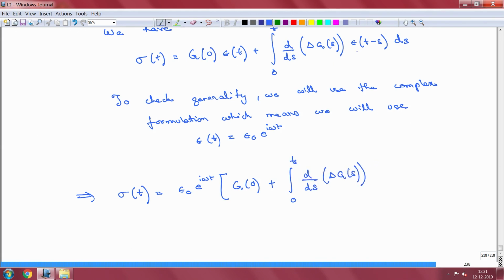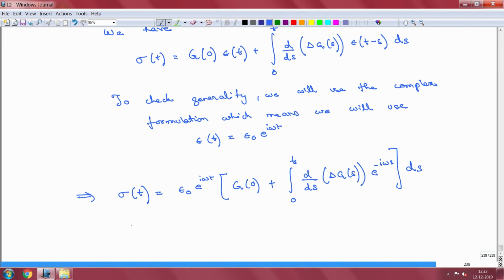And now, for epsilon t minus s, we have to write minus I omega s ds. It is t minus s here, but I have already taken this e to the power I omega t out. So, that takes care of that.